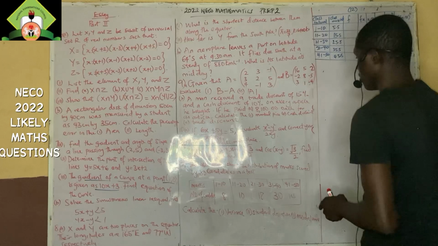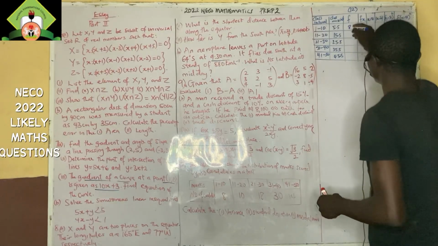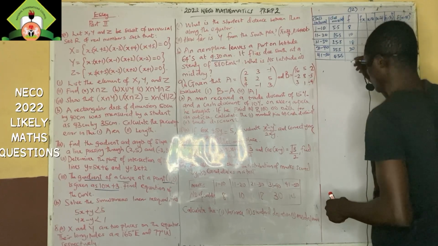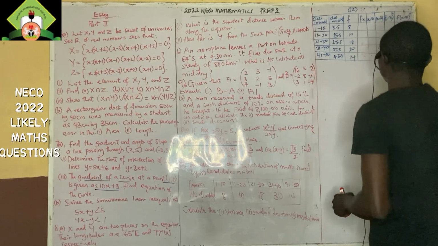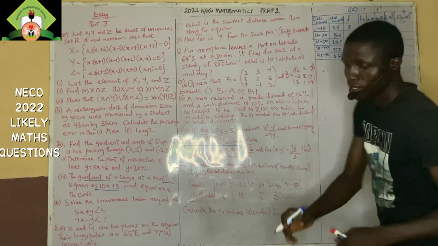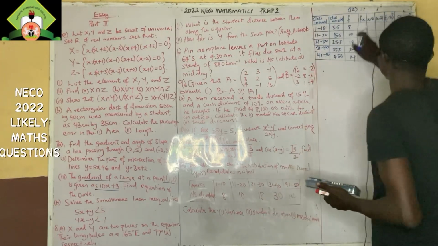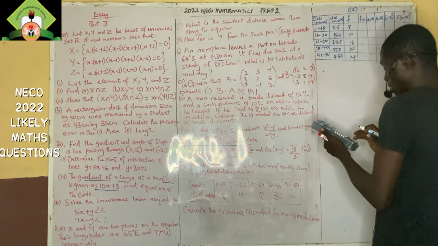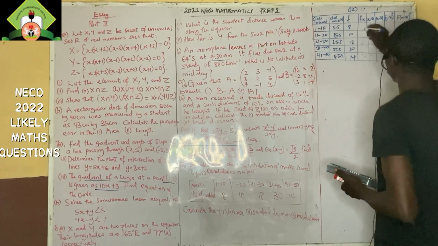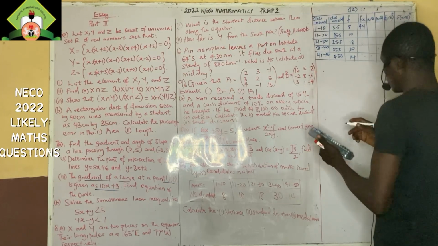So f now is 8, 10, 18, 30, 14. Now fx will be 5.5 times 8, which is 44.